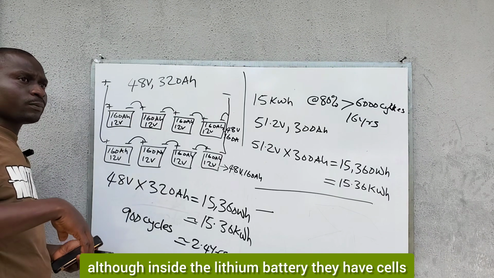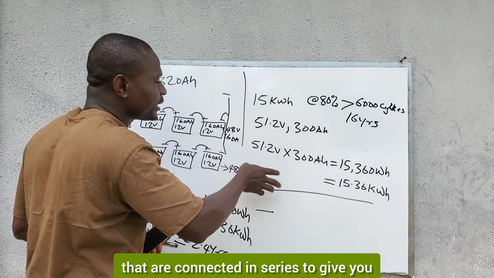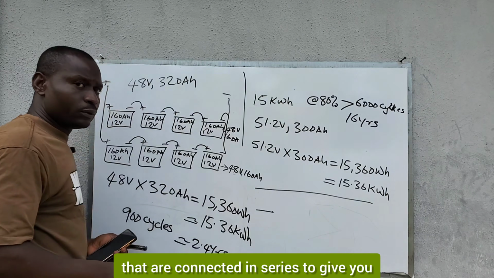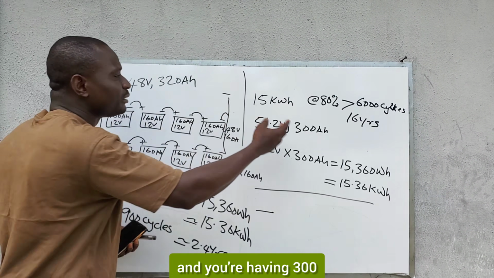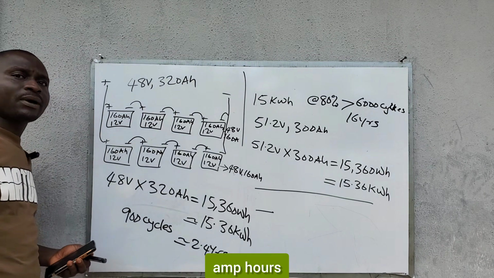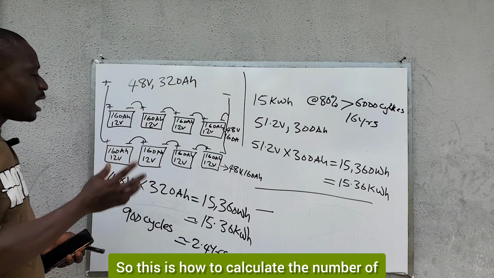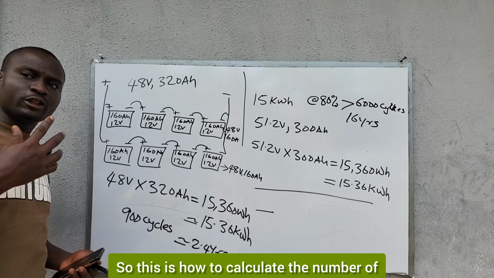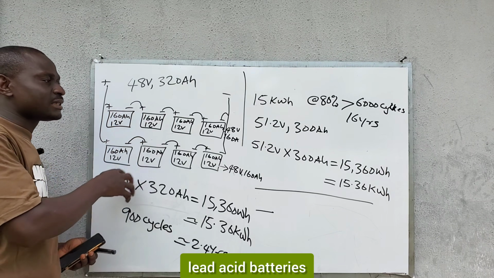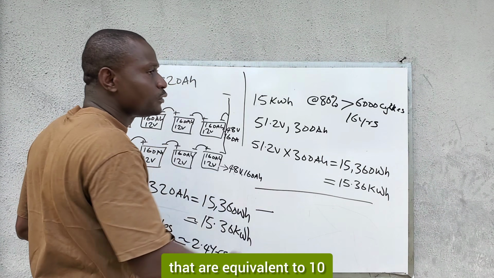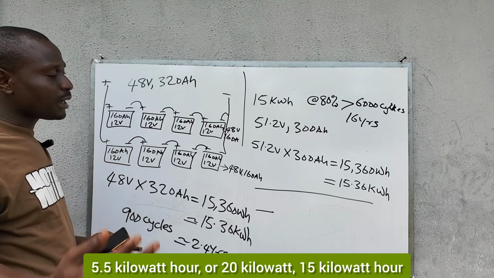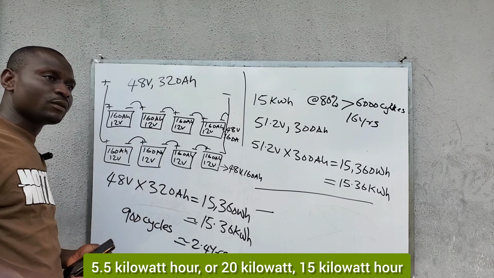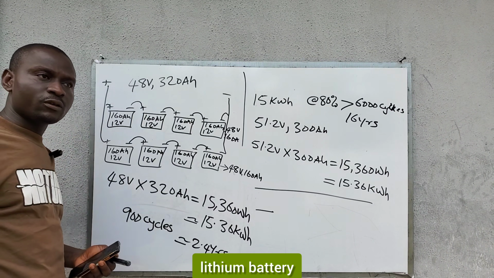Although inside the lithium battery, they have cells connected in series to give you this voltage of 51.2 volts with 300 amp hours. So this is how to calculate the number of lead acid batteries that are equivalent to a 10 kilowatt hour, 5.5 kilowatt hour, 20 kilowatt hour or 15 kilowatt hour lithium battery.